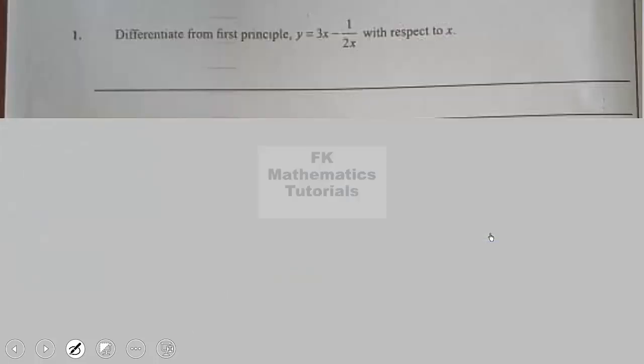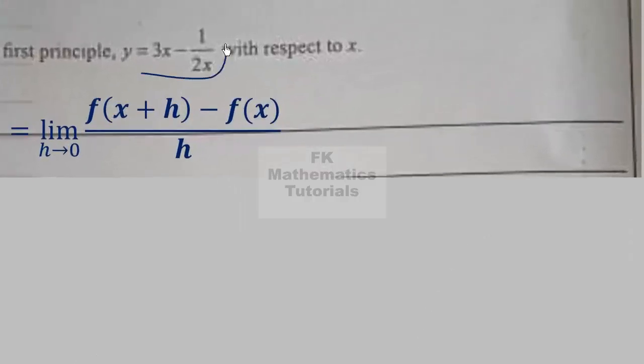We are to differentiate from first principle, y equal 3x minus 1 over 2x. So this can be given by the formula: limit as h approaches 0 of f of x plus h minus f of x all over h.